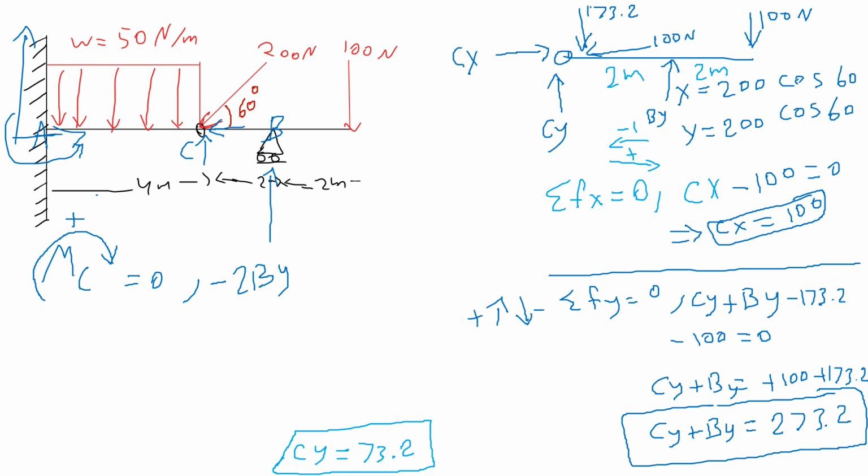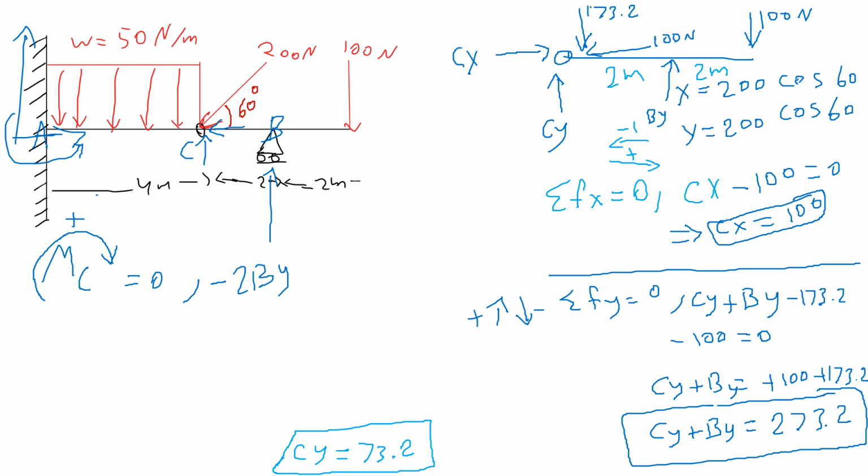And what I have is this 100 with the clockwise, as we assumed. So it's a positive 100 multiplied by 4 meters, which is the distance as we discussed in the moment video that we did. So 100 multiplied by 4 is 400. So it's going to be plus 400.